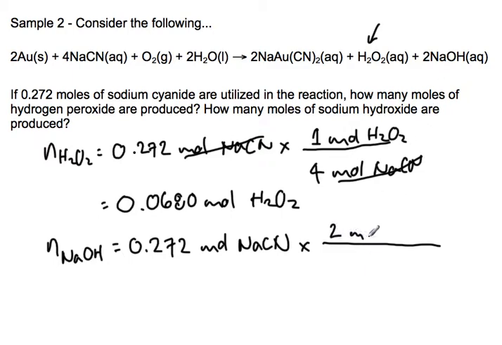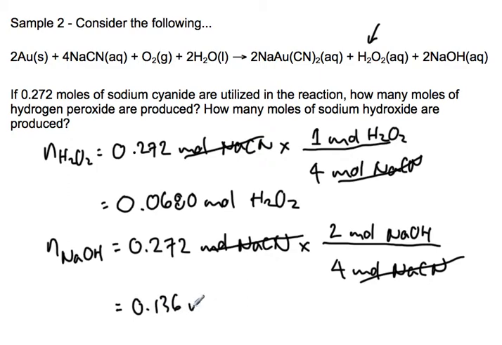So 2 moles NaOH from our equation divided by 4 moles of sodium cyanide, NaCN. And so that equals, again, moles of sodium cyanide divided out, and so 0.272 divided by 2 is 0.136 moles of sodium hydroxide. But there actually is another way you can do this.